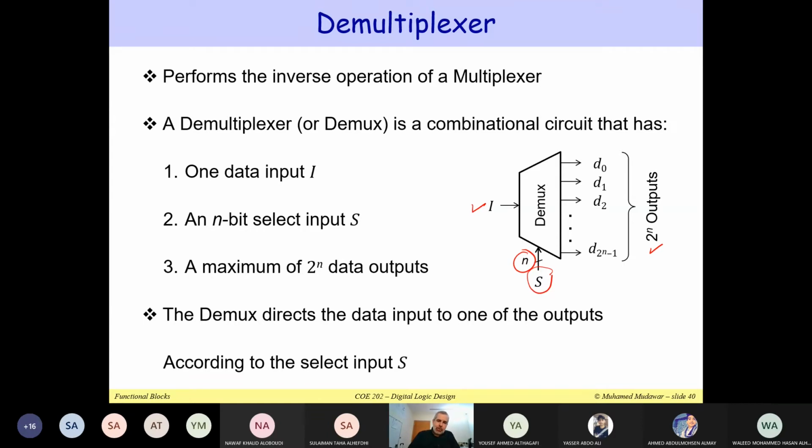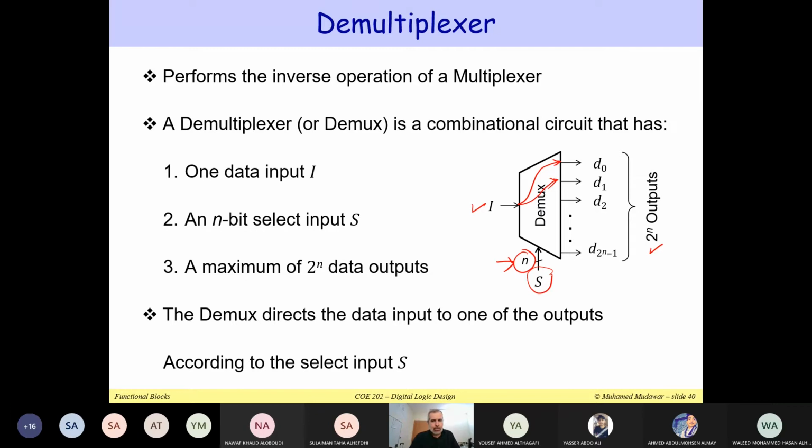Now, because S consists of n bits, you have 2 to the power n possible values for S, so you will have 2 to the power n binary values for S. When S equals 0, you would like to direct the input I to the output D0. When S equals 1, you would like to direct the input I to D1.